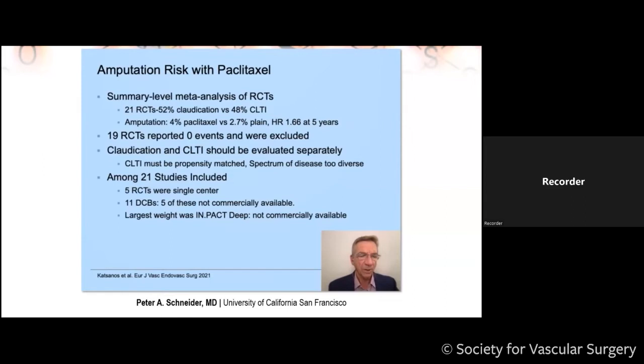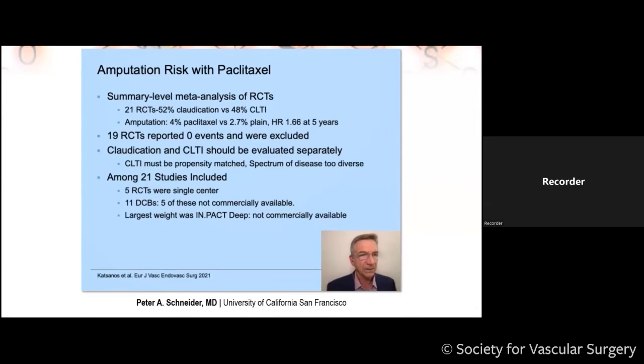This is borne out by the concept that each of these drug-coated balloons will shed particulate. This has been shown in many preclinical studies. And in this summary level meta-analysis of 21 RCTs, it did show an increase in amputation risk versus plain balloons or stents.